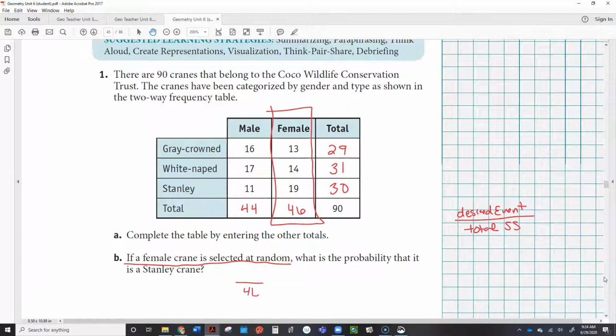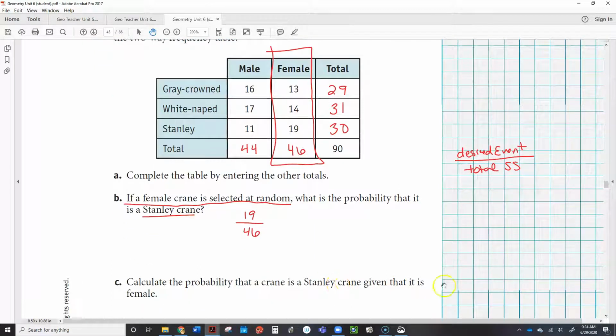So our total sample space is just the number of females. And now the desired event is, what's the chance that it is a Stanley? So the number of Stanleys goes on top. The desired event is that it's a Stanley crane, but we're only selecting from the females.